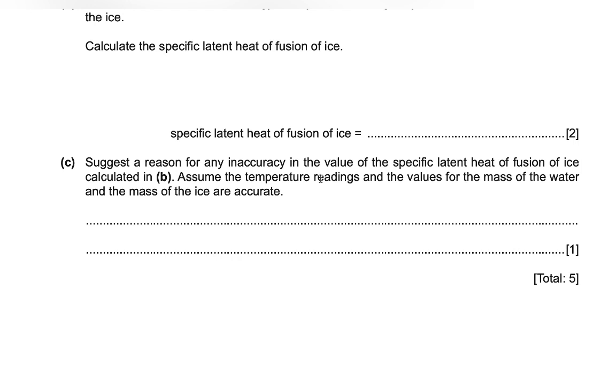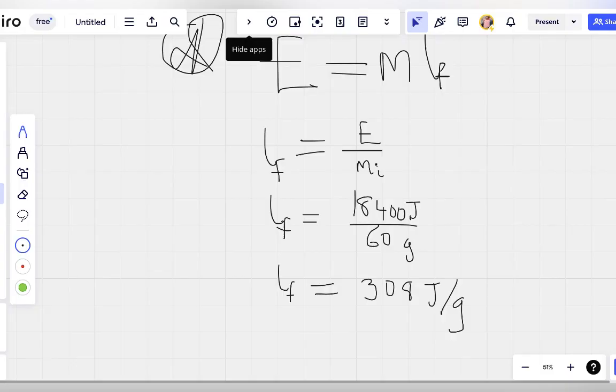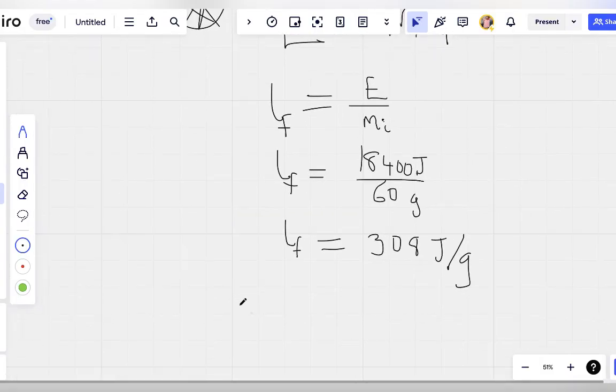What could be our reason? The reason for the inaccuracy could be the loss of the heat supplied to the surrounding. Just 1 mark.